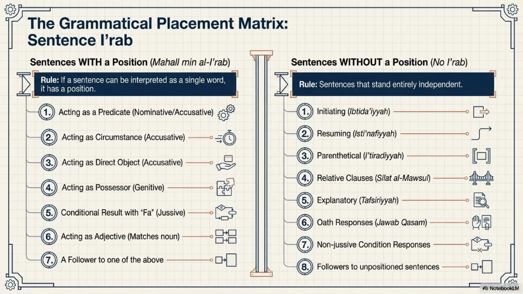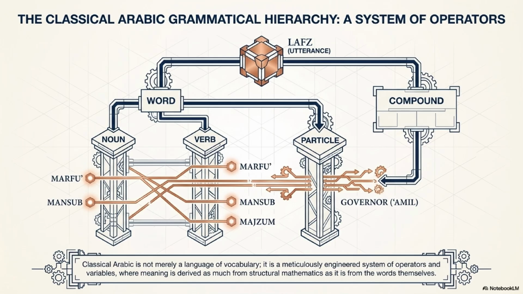You must write. Okay, I have to bring up the coding analogy you mentioned to me when we were prepping for this. Yeah. It perfectly explains how these particles function in the broader system. If you think about programming a computer in Python or C++, you use logic operators. If, and, or, not. These operators dictate how the code executes.